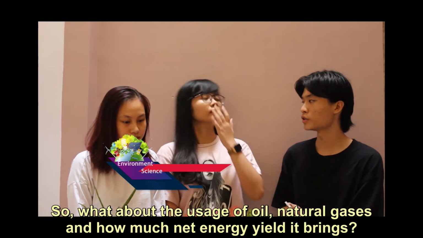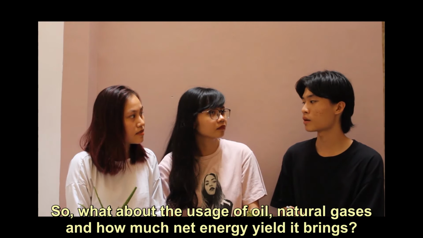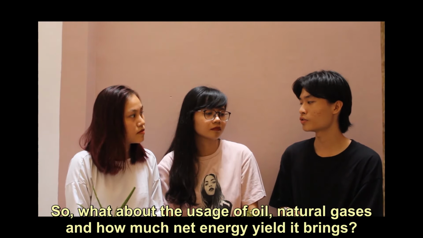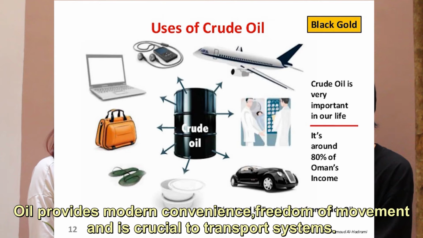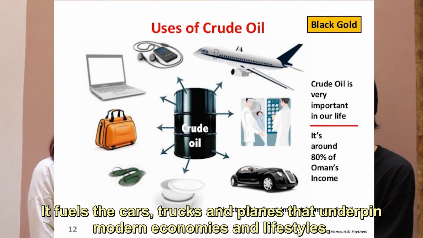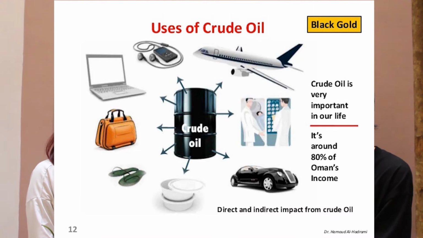So what about the usage of oil and natural gas and how much net energy yield it brings? Oil provides more convenient freedom of movement and is crucial to the transport system. It fuels the cars, trucks, and planes that underpin modern economies and lifestyles.